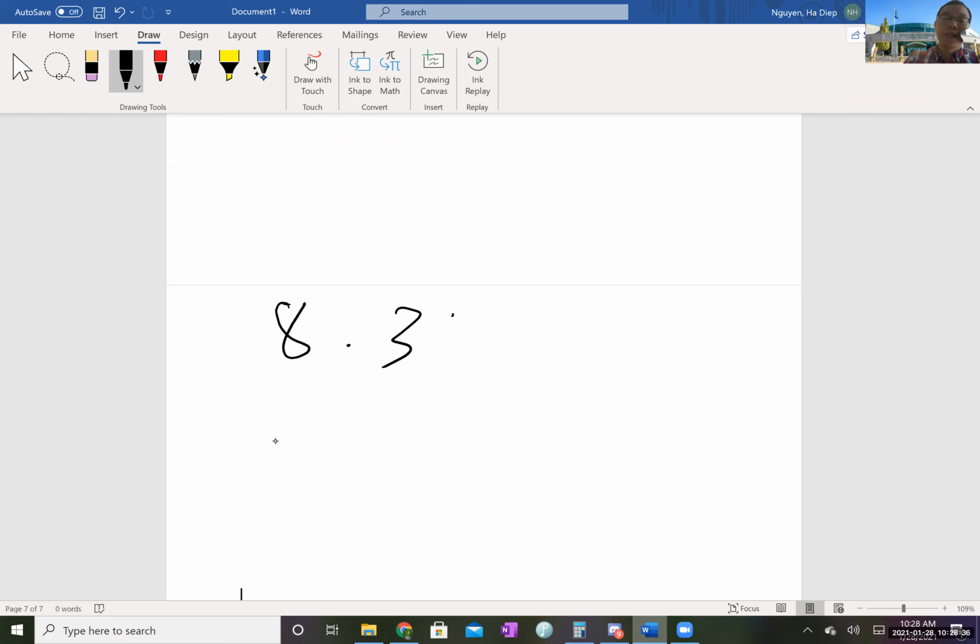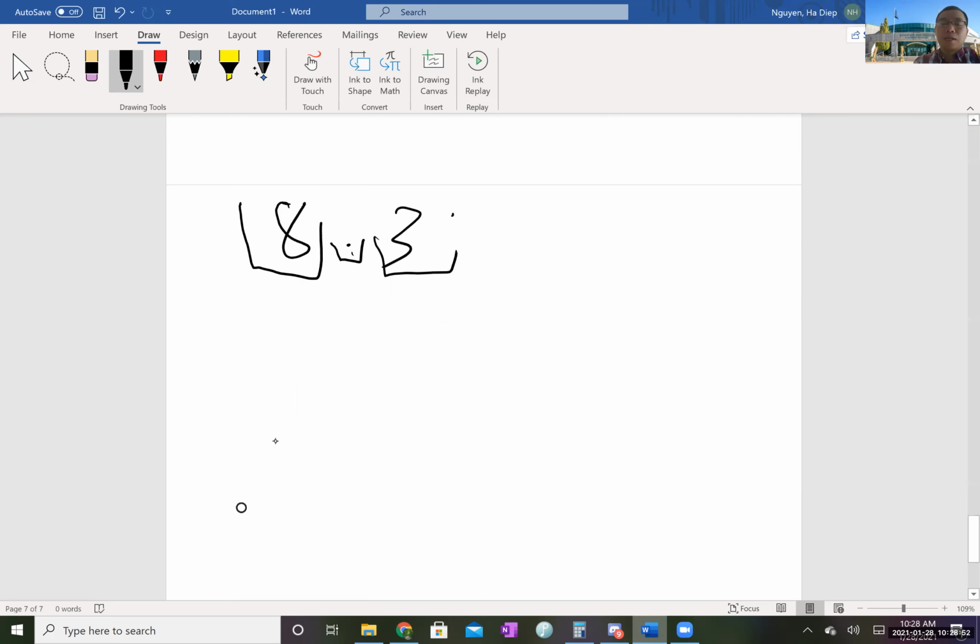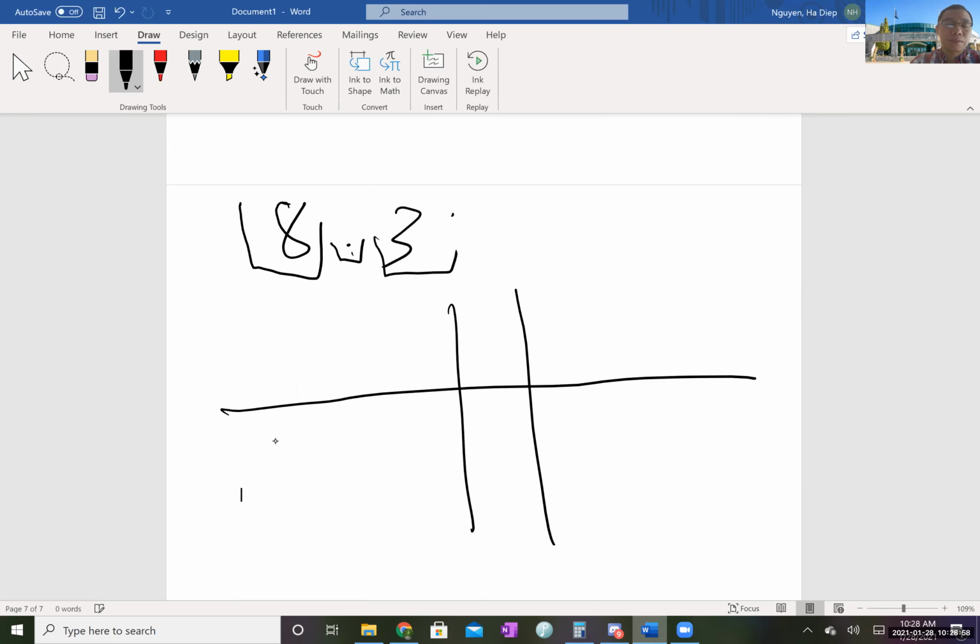You have the integer part, the whole number, you have the binary point, and you have the fractional part here. And if you remember about base 2, right? When you break it down into multiple columns here.